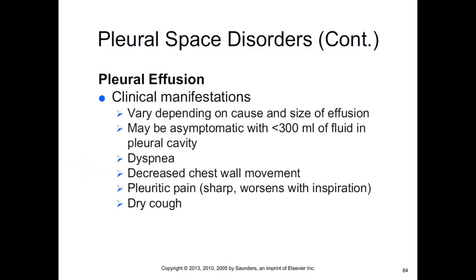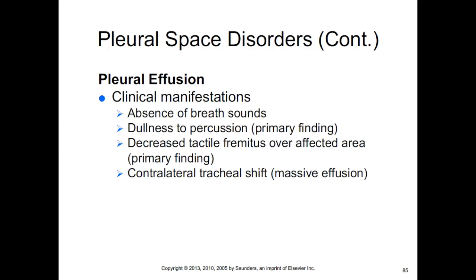So you might see clinical manifestations varying depending on the size of the effusion, right? You might see dyspnea, right, decreased chest wall movement, pleuritic pain, right? So in trying to breathe, on inspiration you get a sharp pain and dry cough, and it can be very asymptomatic in people with very little fluid in their pleural cavity. So if their pleural effusion is not great enough.